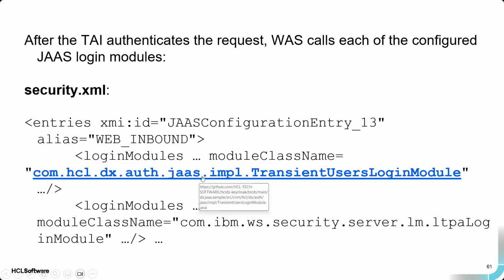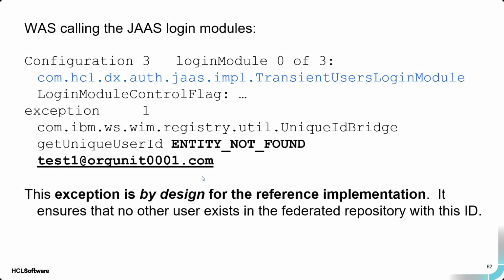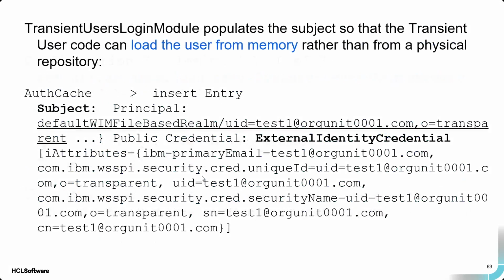So these bits of traces here are specific to this reference implementation of the login module. But this is the subject that it generates. You'll see it puts it in this Java object called an external identity credential.